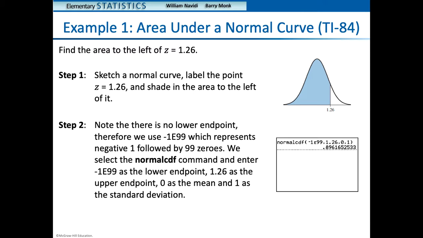The table gives you areas corresponding to z-scores rounded to exactly 2 decimal places, right? So sometimes there's rounding errors. When there's a difference, the calculator would probably be the more accurate one. But both answers should be very close, right? You shouldn't see any major differences.